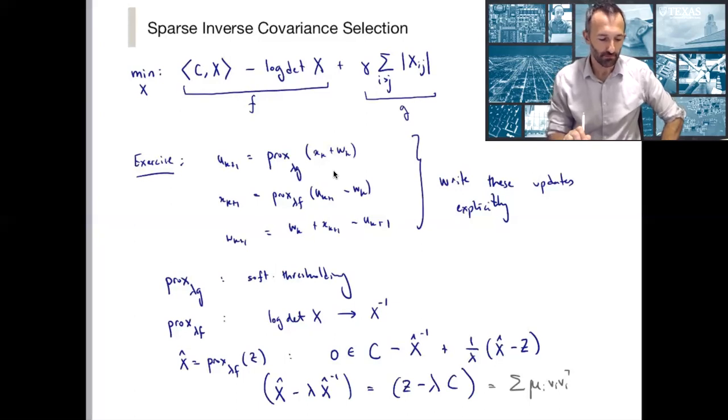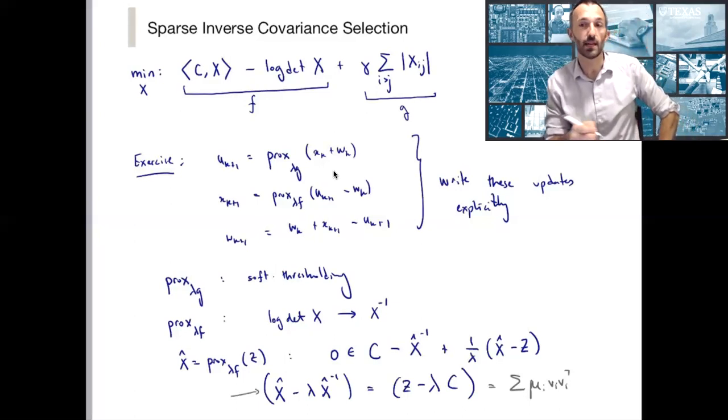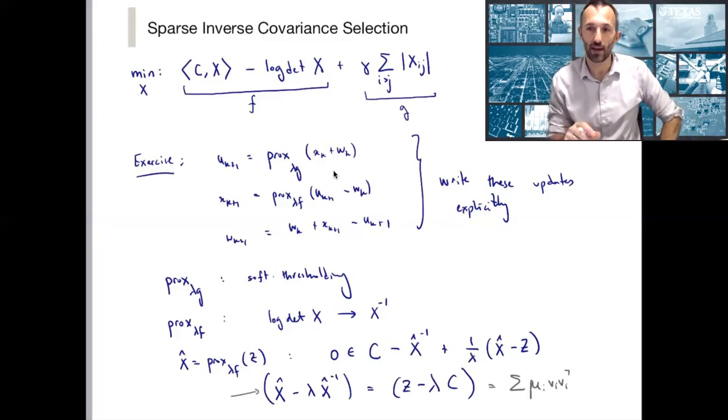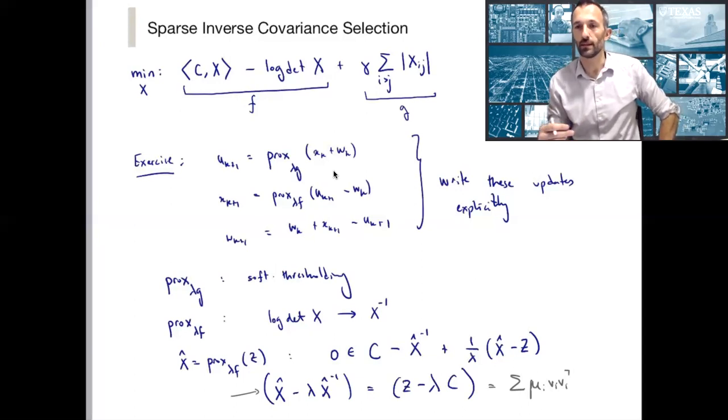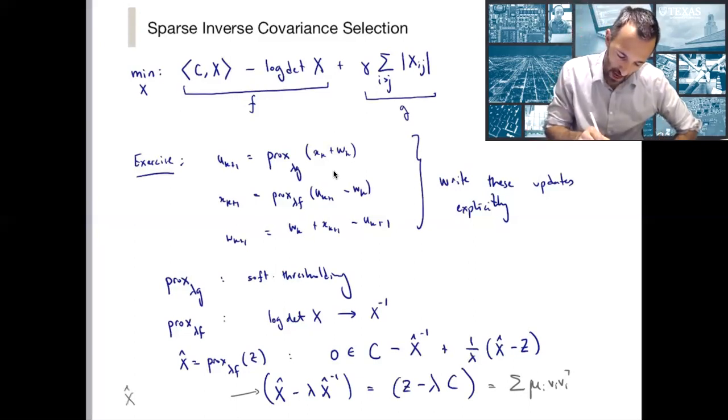On the left-hand side, note that x and x inverse, though they have different eigenvalues, have eigenvalues related in a very specific way, and they have the same eigenvector decomposition. x hat and x hat inverse have the same eigenvectors.